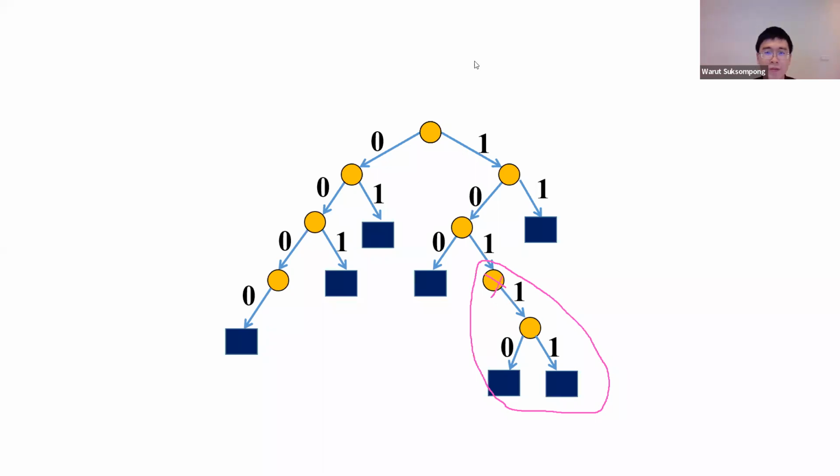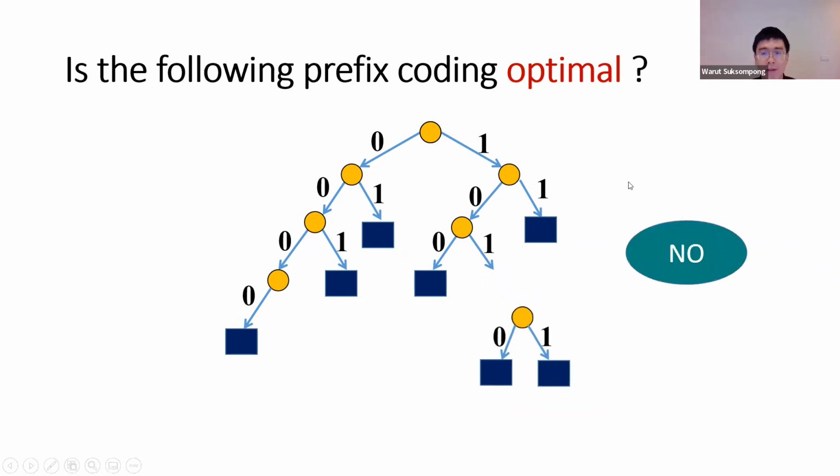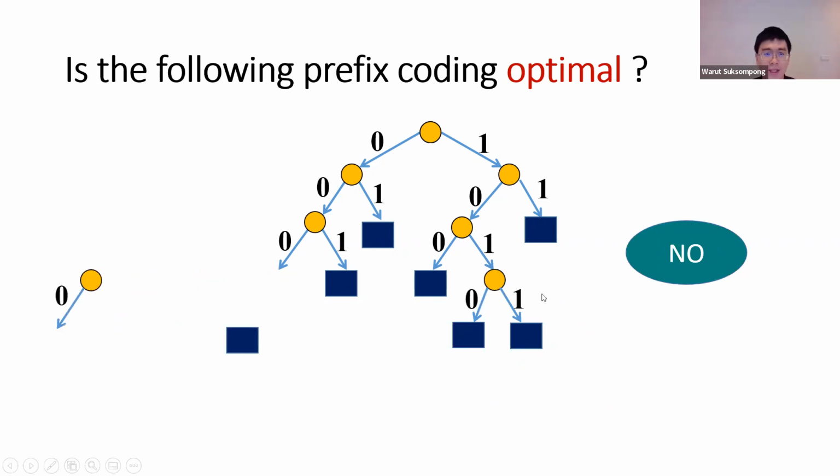You can remove this node, because this internal node that has just degree 1 is just not necessary. It doesn't help us distinguish between any 2 different letters. So we can just remove it, and now we have a better, more efficient tree, right? Similarly, this one, we can remove it.